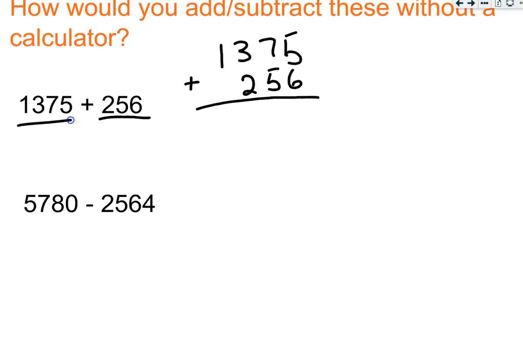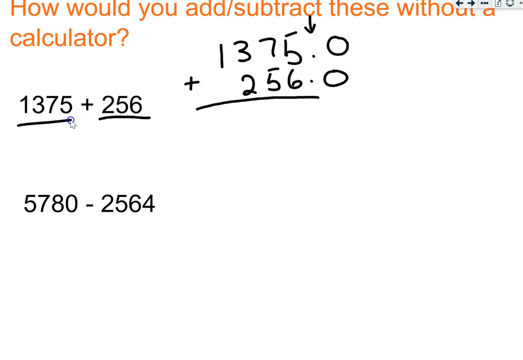What you're essentially doing here is lining up the decimals. So 1,375.0 and 256.0. Notice there's nothing in the decimals, but you are essentially lining up those decimals when adding those numbers together.